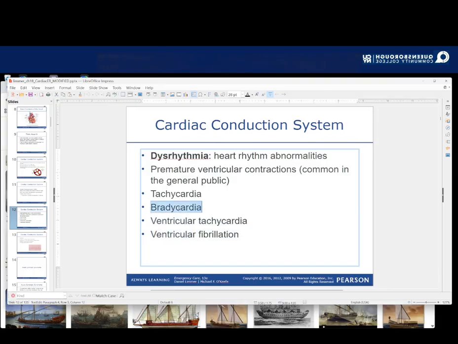If you had somebody with bradycardia, too slow a heartbeat, and you put the AED pads on and pause for analysis, it would say no shock advised, because it's not a shockable rhythm. Only when the AED detects VTAC or VFib will it say shockable.